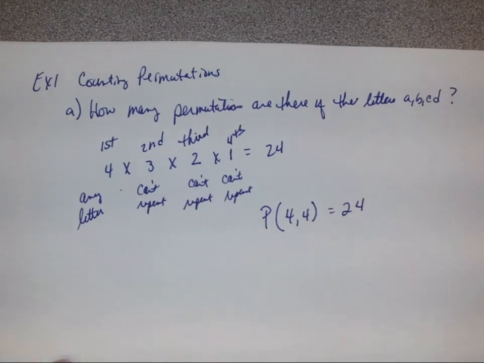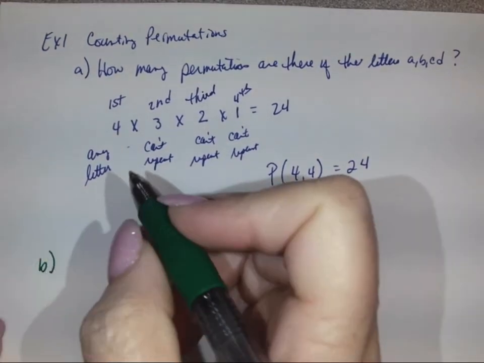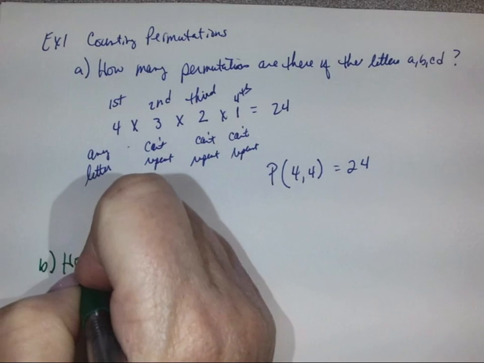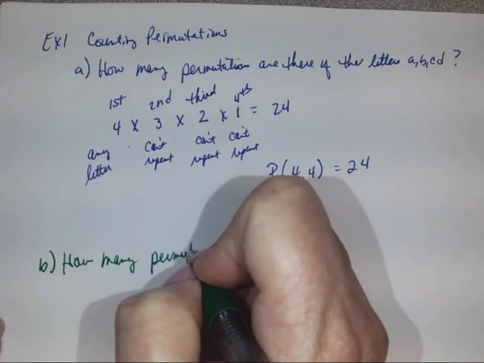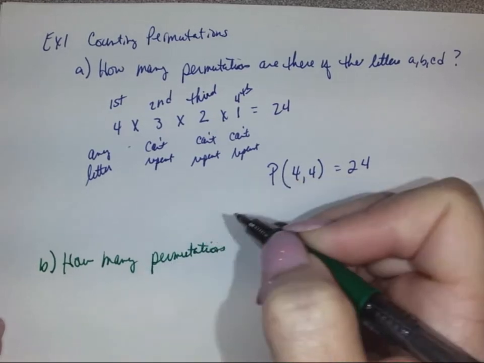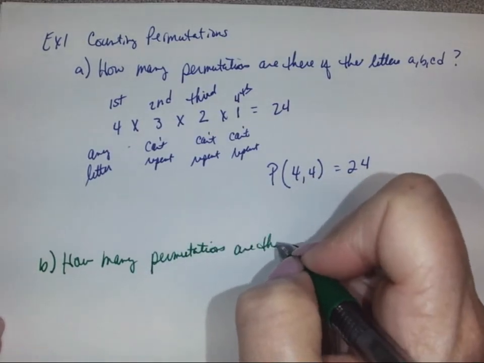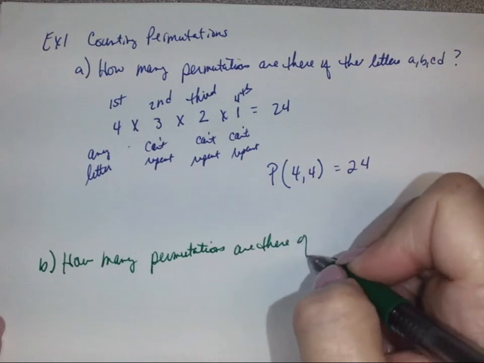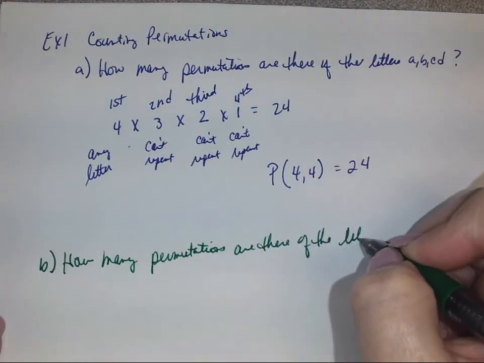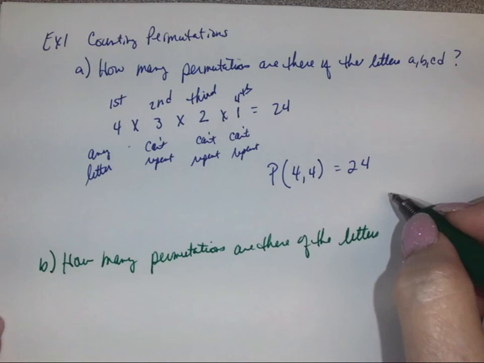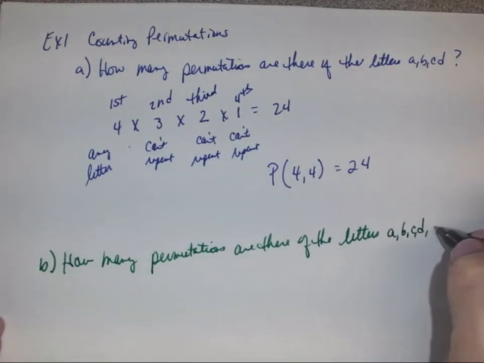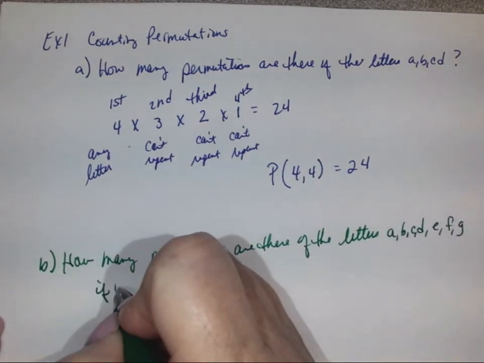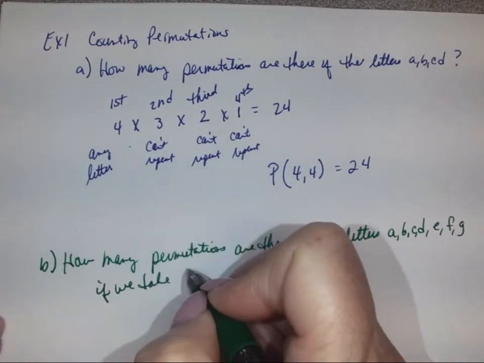All right, let's look at a second part. How many permutations are there of the letters A through G, so A, B, C, D, E, F, and G, if we take 3 at a time.